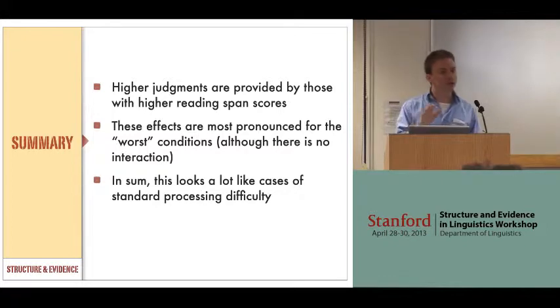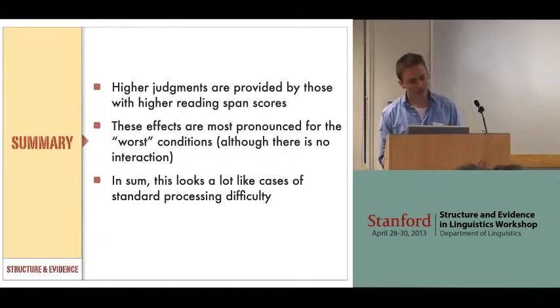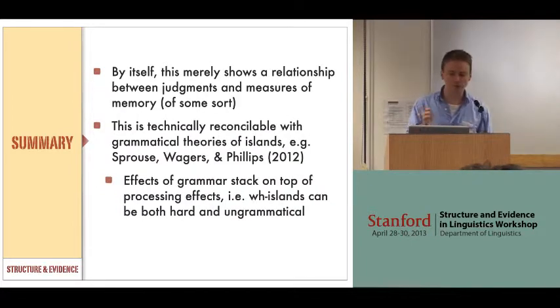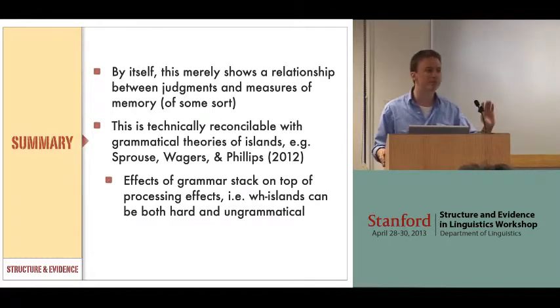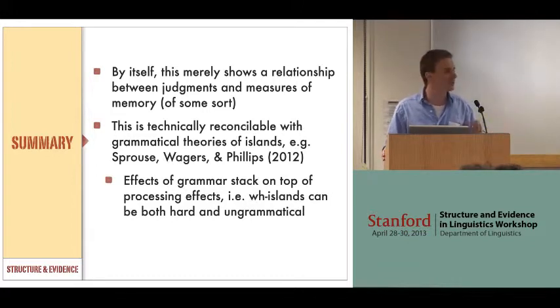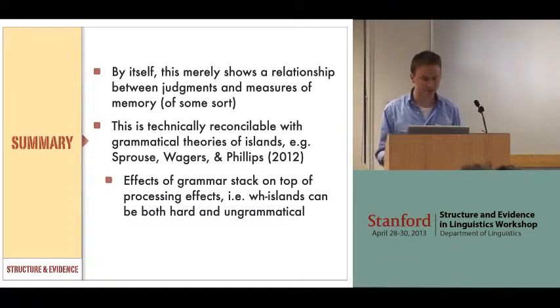So this looks a lot like what Laura told you about at the outset of this talk with respect to completely non-contentious cases of processing difficulty, where when processing difficulty was high, you saw a positive linear relationship between judgments and reading span scores. But by itself, this merely shows a relationship between judgments and measures of memory of some sort. And what these reading span scores are actually measuring is not necessarily important for us here today.